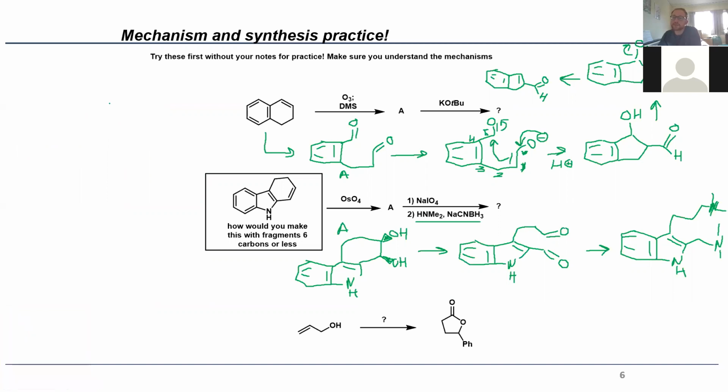The first step is condensation. So the hydrazine will condense onto the carbonyl. So we get this hydrazone.